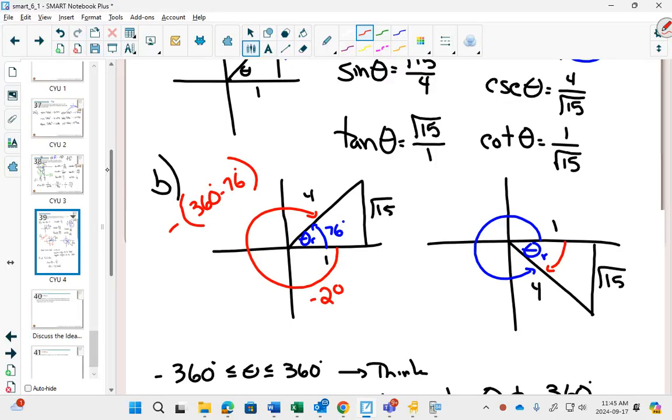So this is negative 284 degrees. If my reference angle is 76, does this red one make sense to be negative 76? And if all the way around is 360 degrees, and I subtract 76, then this will be positive 284 degrees.